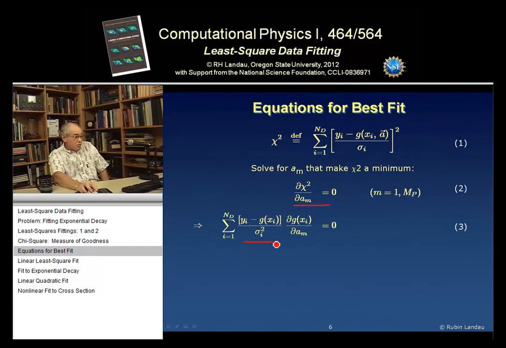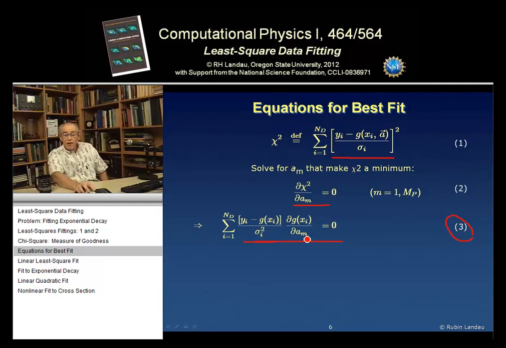We get the first term, which is just from the derivative here. Then we get the derivative of the term in brackets, which is just dg by dA. So g is the function, the theory we're trying to fit. A is the parameter. And the minus sign doesn't matter because it's 0. So this is the equation. So equation 3 here, of which there's a separate equation for each parameter, are the equations we have to solve.